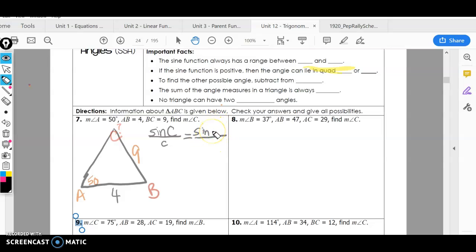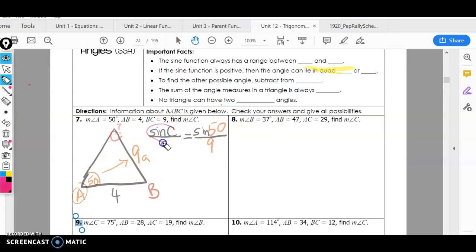And let's figure out, are we going to use A or B? We're actually going to use A because we're given A's angle and we're given A's opposite side. So let's use sine 50 divided by the side A, which is 9. We're not going to use B, remember, because we're not given anything on B.